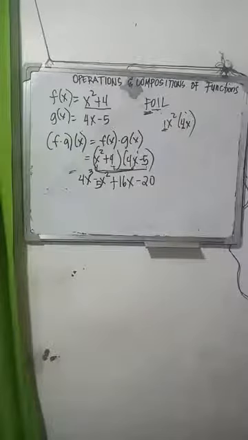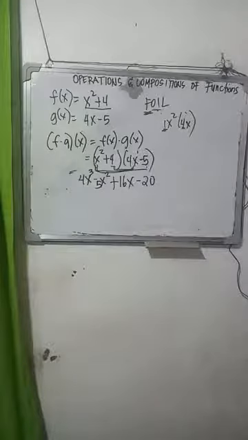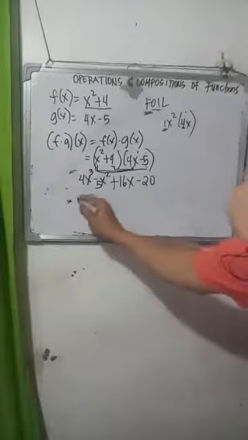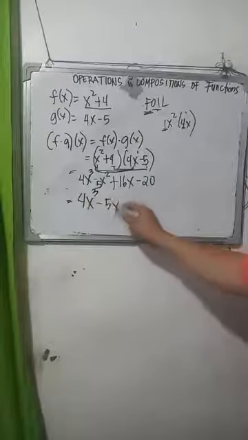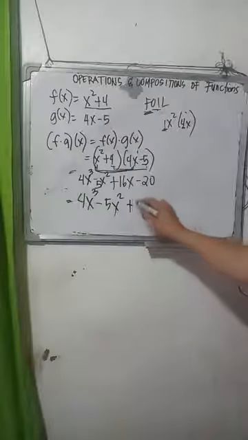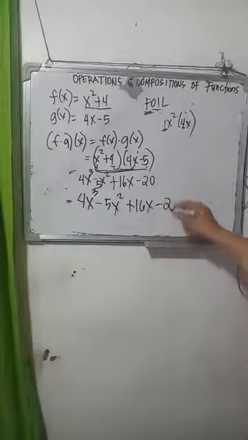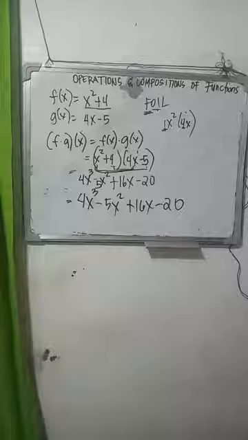Then combine like terms. That is 4x cubed minus 5x squared plus 16x minus 20. Is there anything else to change here? None, because there are no like terms.